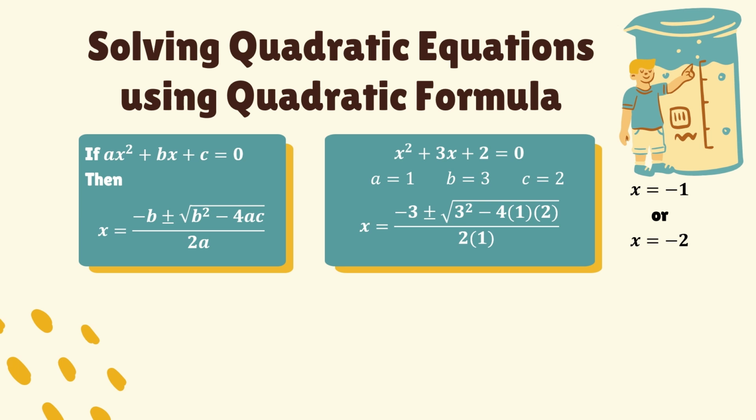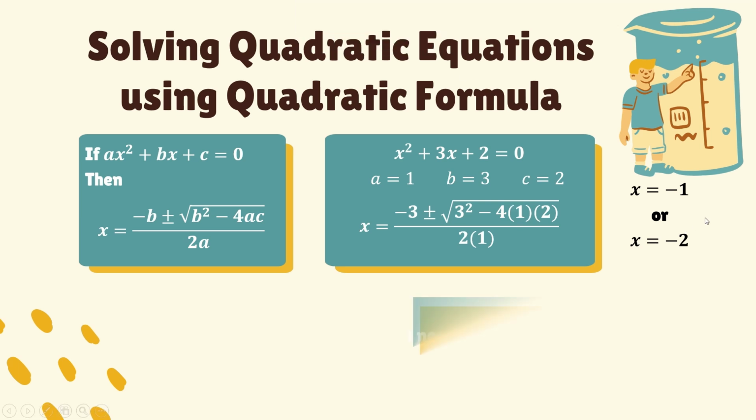And c is the constant, so we've got c equals 2. And by the quadratic formula, we have x equals negative 3 plus or minus square root of 3 squared minus 4 times 1 times 2, divided by 2 times 1. So if you calculate this right, we've got the solution x equals negative 1 or x equals negative 2.